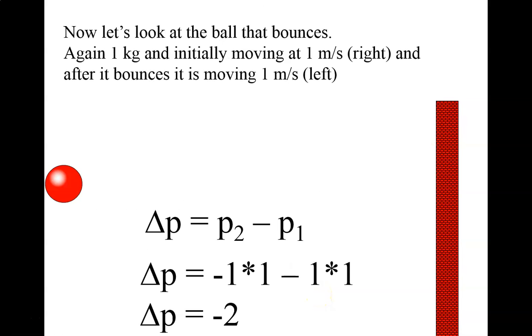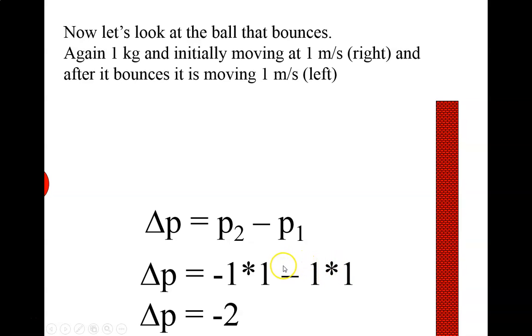If we look at the ball that bounces back, its final momentum in this case has a negative velocity because it's traveling to the left in the final scenario. So its negative velocity times its mass of 1 gives me -1, minus the same initial momentum, which is 1 times 1.